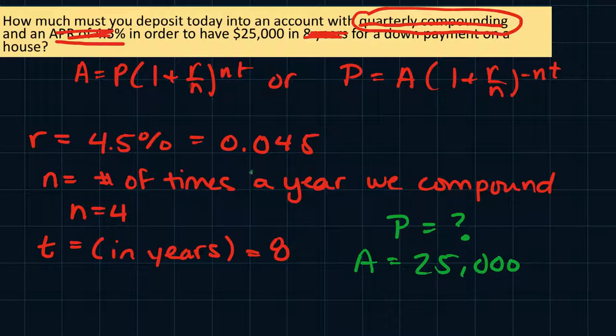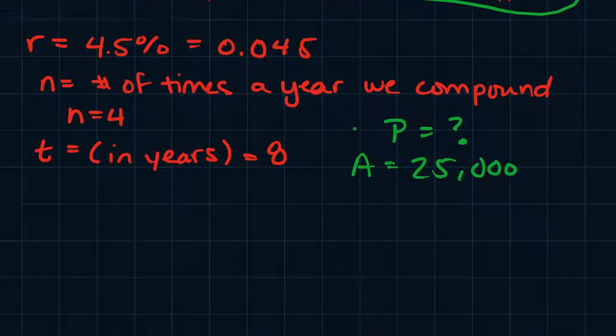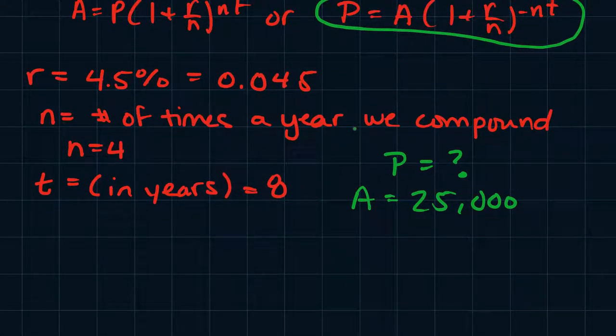I hope you see the difference between this problem and the problems we've done before. Before we were given P and we were asked to find A. So since we're trying to solve for P, we need to go with the equation that has P is equal to something, because that's the letter we want. Okay? So we need to plug all the information we have here into this equation.